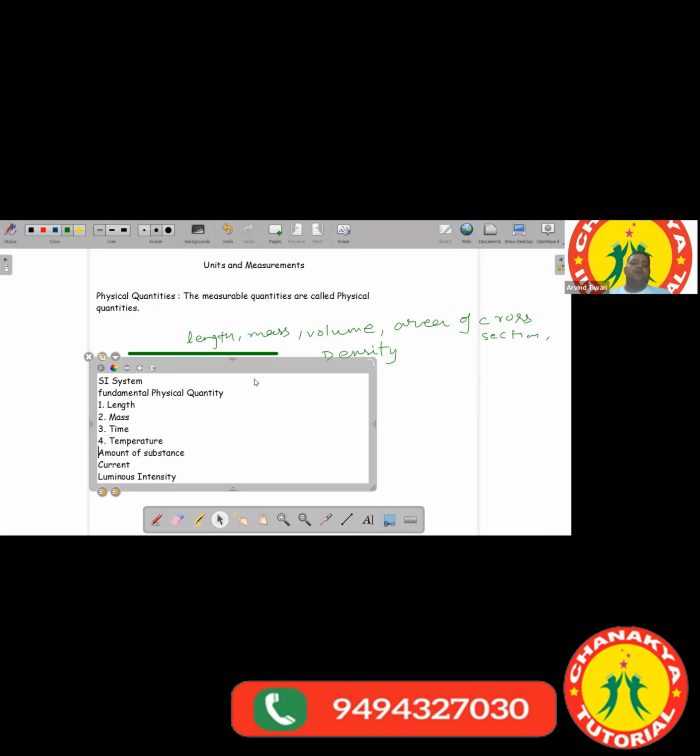Okay. So, how do you think we should define length? What should be the unit of length? Since you want to measure length, you will be using an appropriate unit. What are the different units that we use for the measurement of length?